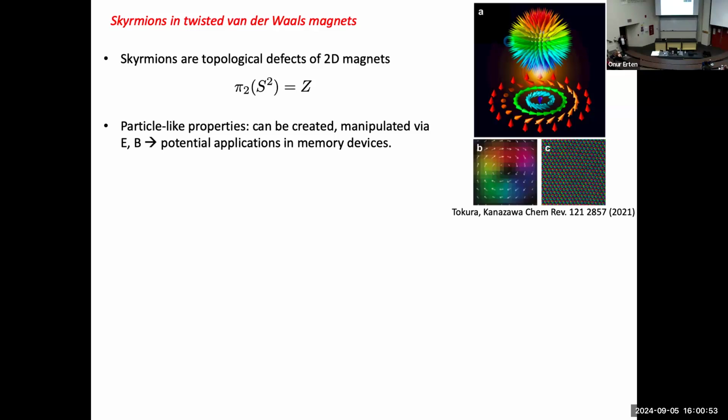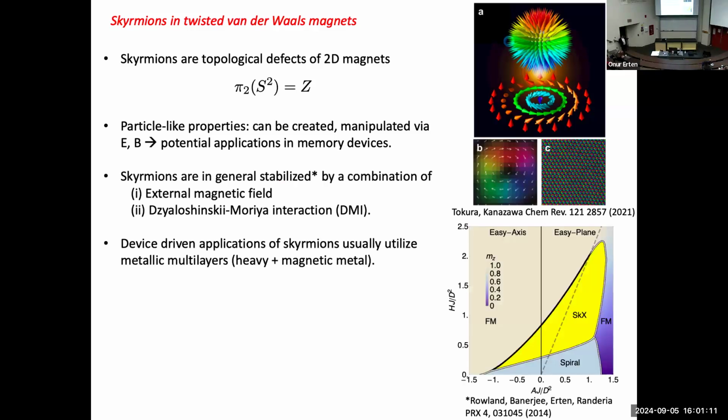As I mentioned, when you create these topological defects, it's very hard to get rid of them. So people predicted that they can be created and manipulated with external electric and magnetic fields, and people are trying to make devices such as memory devices. In general, skyrmions in many systems are stabilized by an external magnetic field and a special type of magnetic exchange called the Dzyaloshinskii-Moriya interaction.